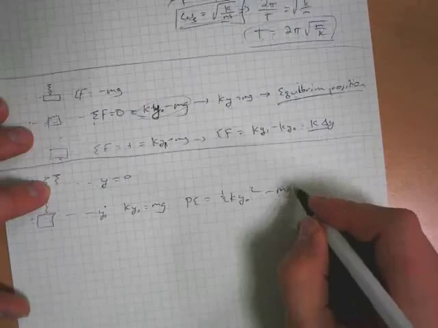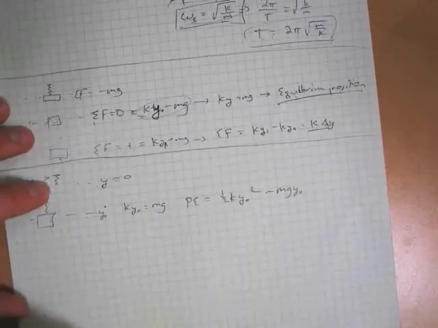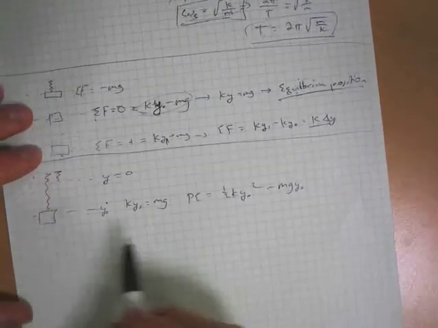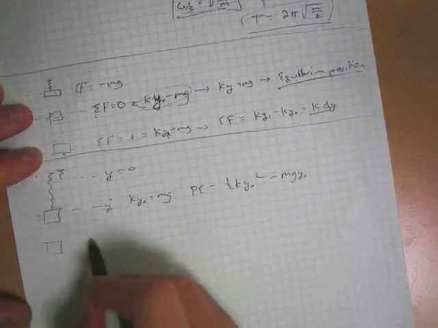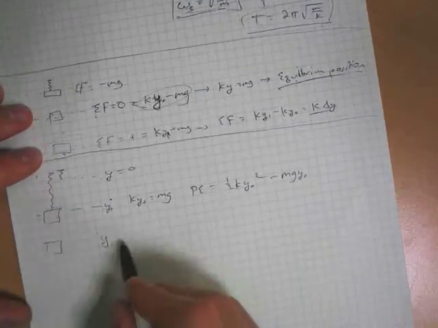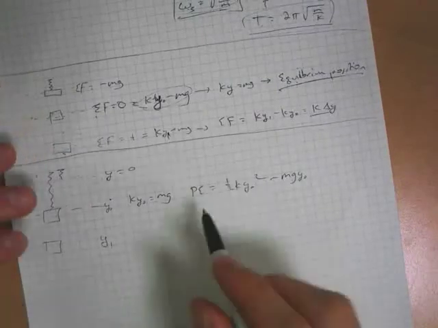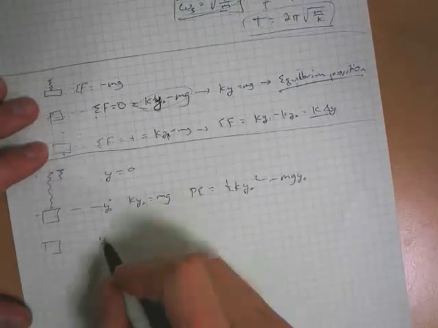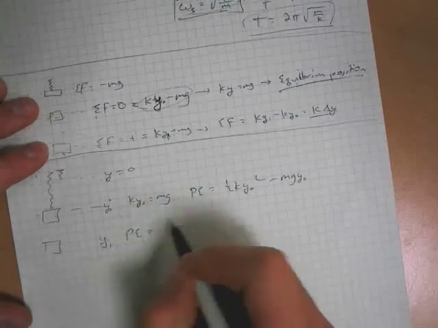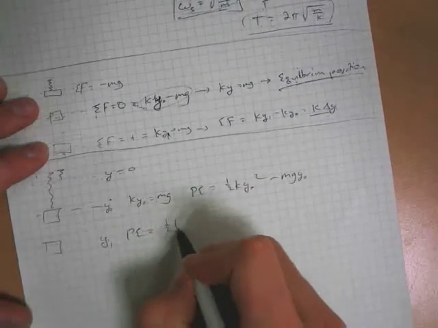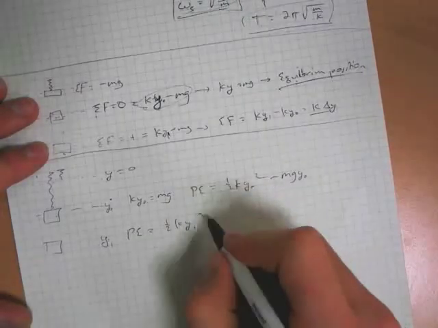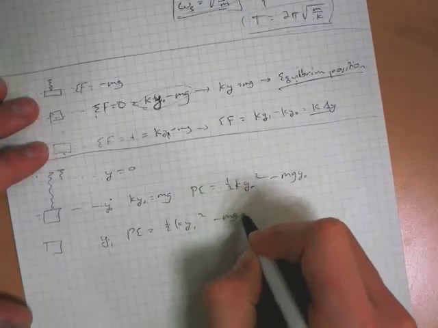If we pick another point, and it doesn't really matter whether it's above or below, just for simplicity of sign conventions, I'm going to put it below. Down here, our potential energy is 1/2 k y1 squared minus mg y1.